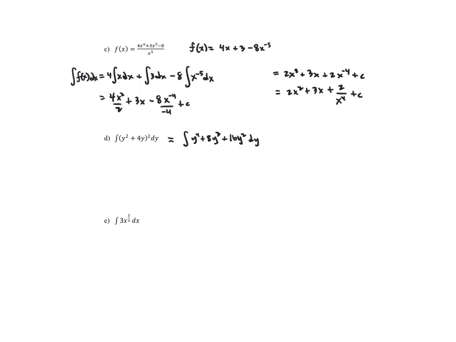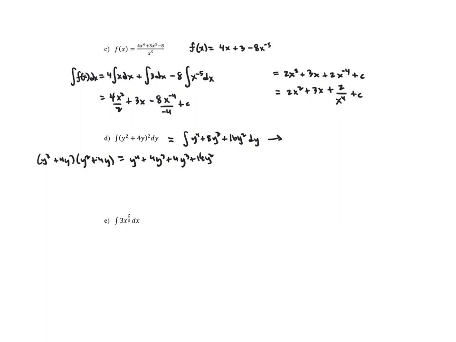I believe I expanded that correctly. Let me check. Y squared plus 4y, y squared plus 4y. That'll be y to the 4th plus 4y cubed plus 4y cubed plus 16y squared. Yeah, that works out.